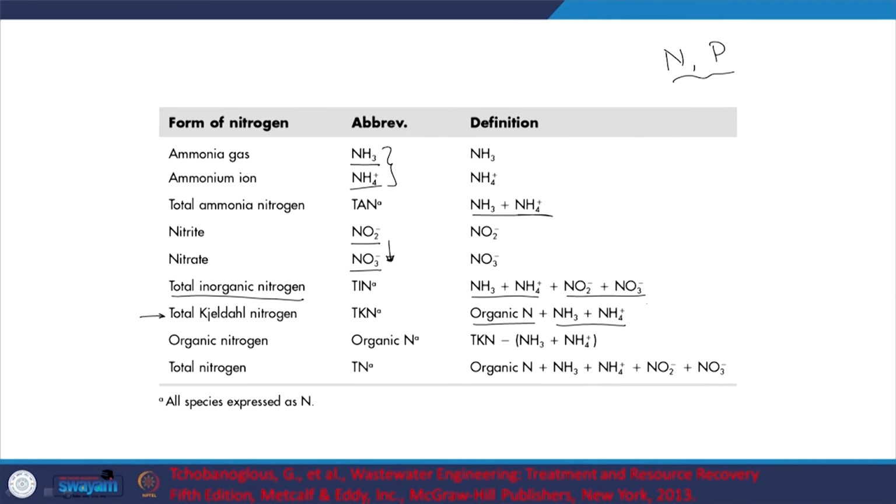What is common in all these cases is that the nitrogen is in the reduced form, and organic nitrogen is TKN minus total ammonia nitrogen. Why am I concerned about this? Because this is the reduced form, it can take in oxygen and lead to oxygen demand. And we obviously are also looking at the removal of nitrogen.